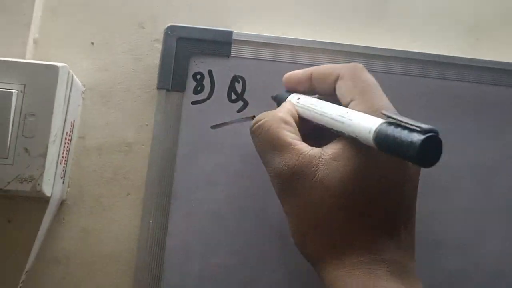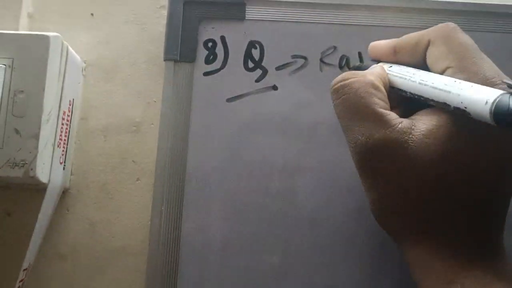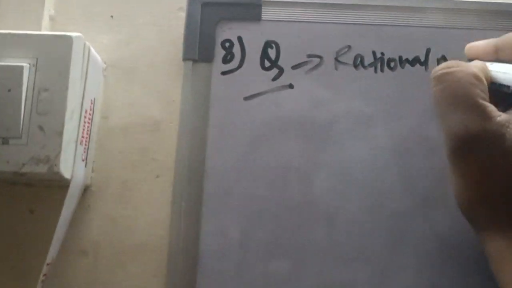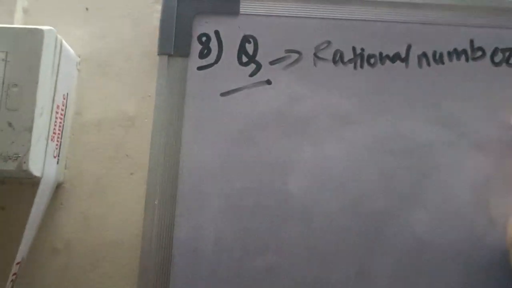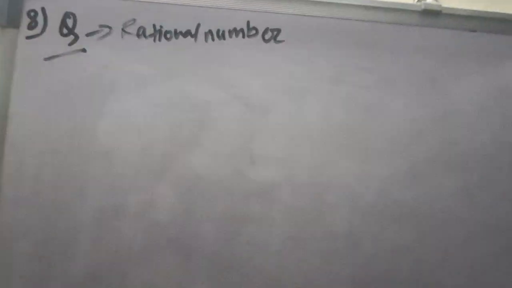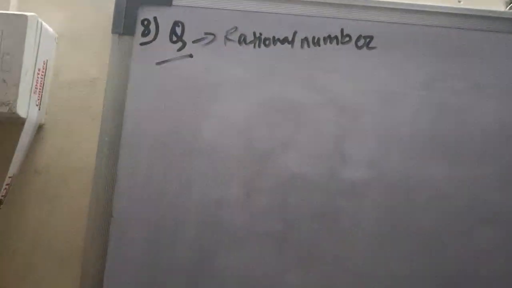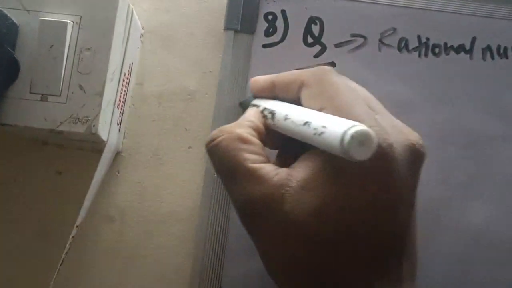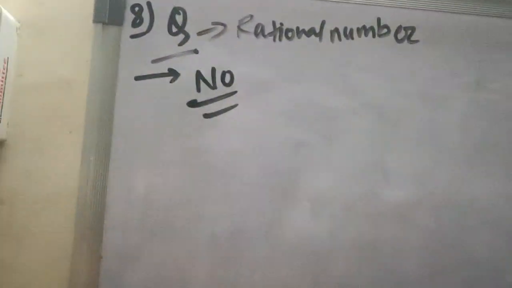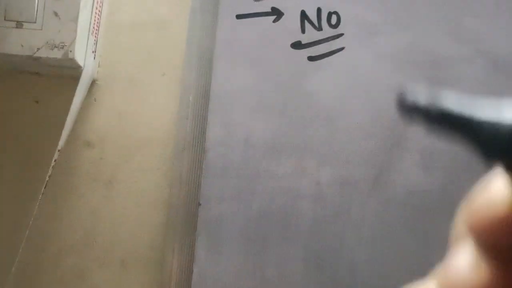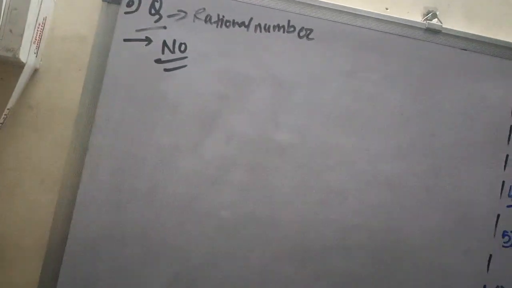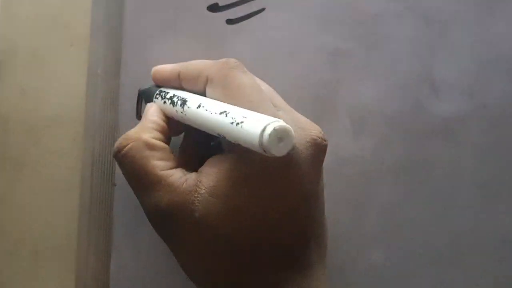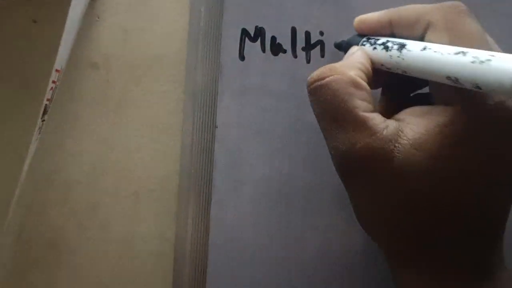Okay guys, the next question is Q, which is the set of rational numbers, and whether it is a vector space or not. So let's check it. The answer is no, it's not. How? Let's first check the multiplication condition.